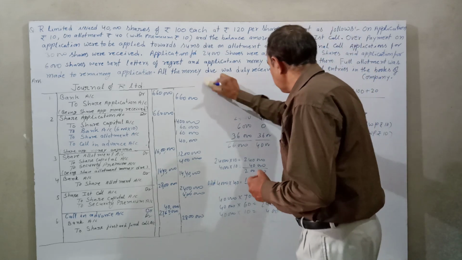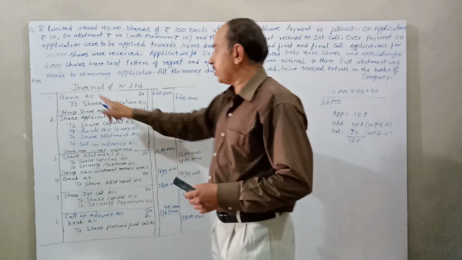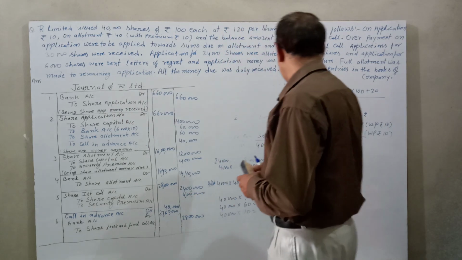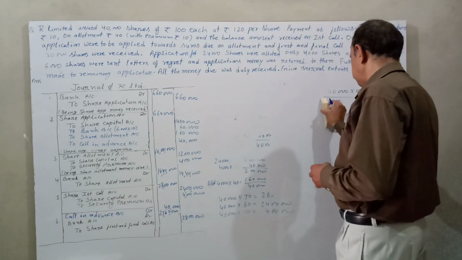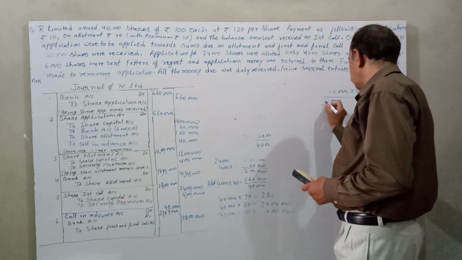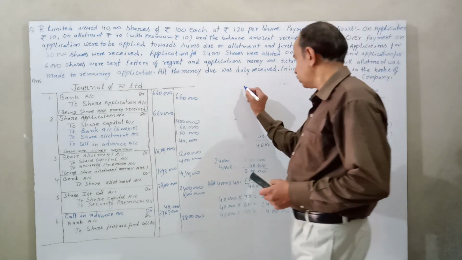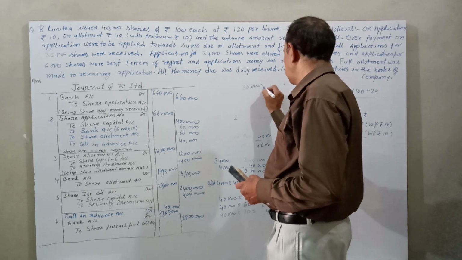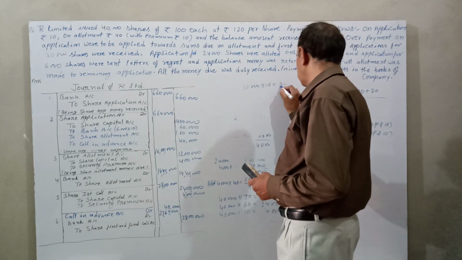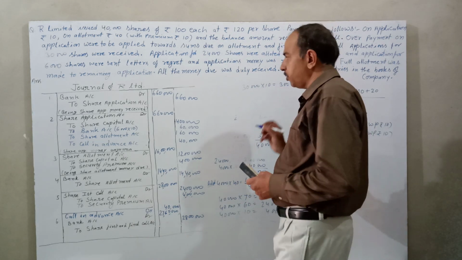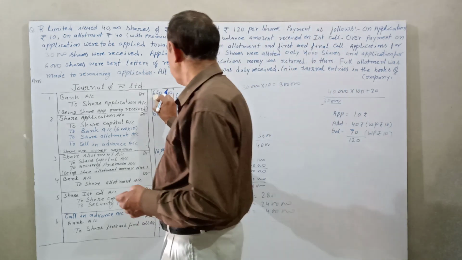Look here. The first entry will be passed: bank account debit to share application, and the amount is 30,000 multiplied by 10, equal to 3 lakh received on application.